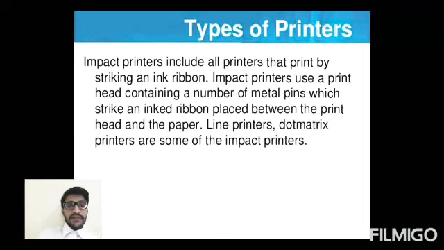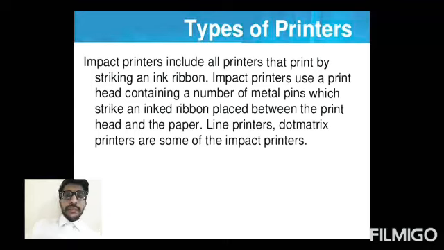First type of printer is the impact printer. An impact printer works like a typewriter. It prints characters or images by striking a print hammer or set of pins against an inked ribbon.